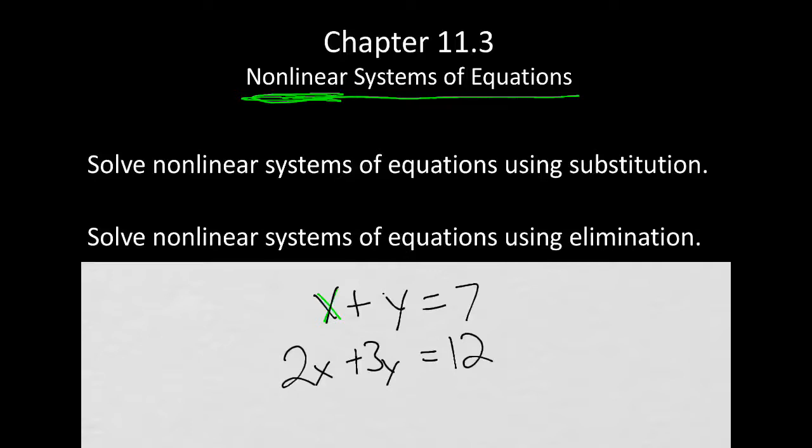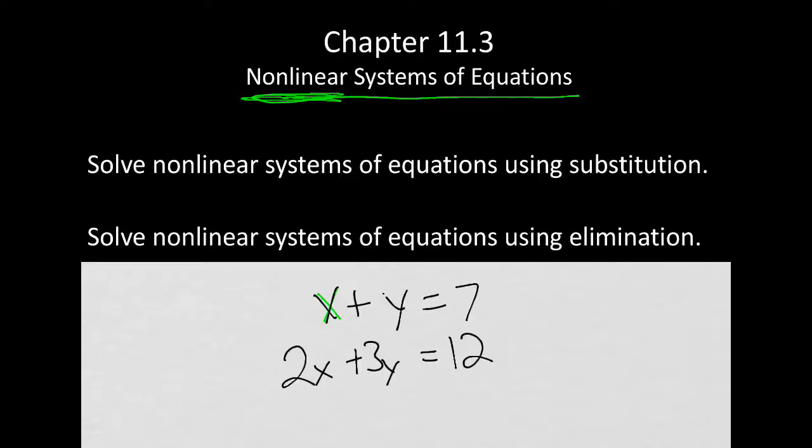That's nonlinear. We just got through graphing circles and ellipses and hyperbolas. So we've graphed a number of nonlinear equations, nonlinear graphs. Now we're looking at systems that involve at least one nonlinear equation that has to be solved.